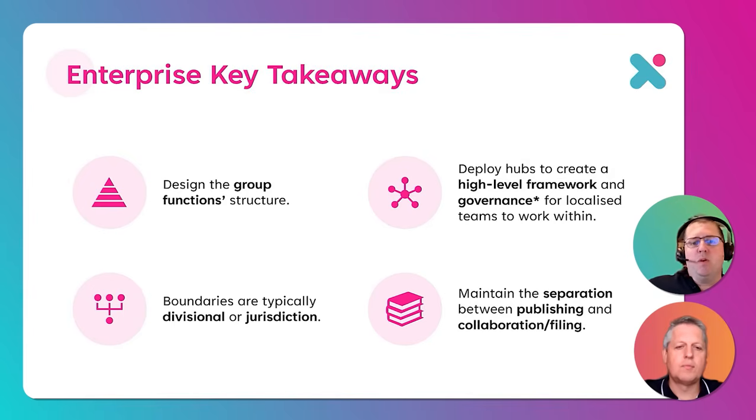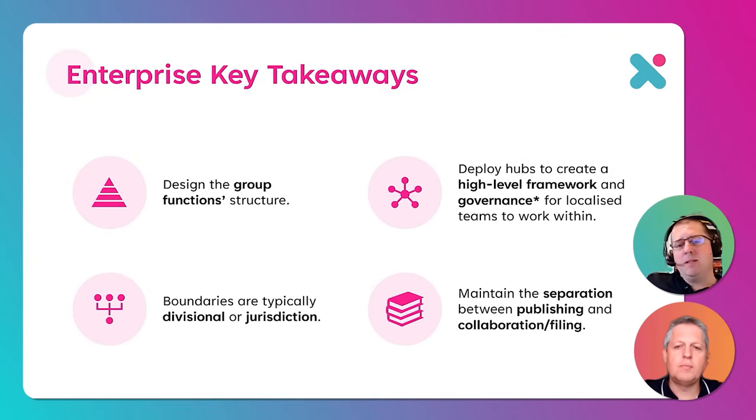The boundaries of those hubs are going to be quite often divisional or jurisdictional based. It could be different legal entities within the business or different divisions operating different things. We're going to be creating those hubs to create that high level framework with some governance that localized teams can work in.